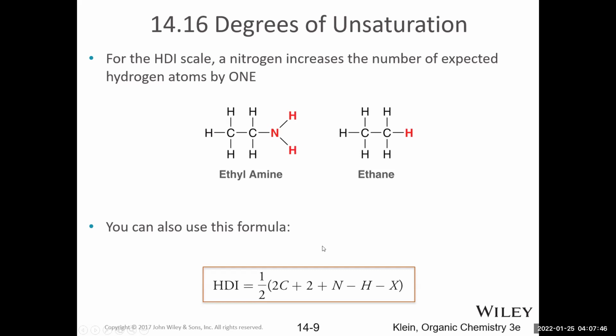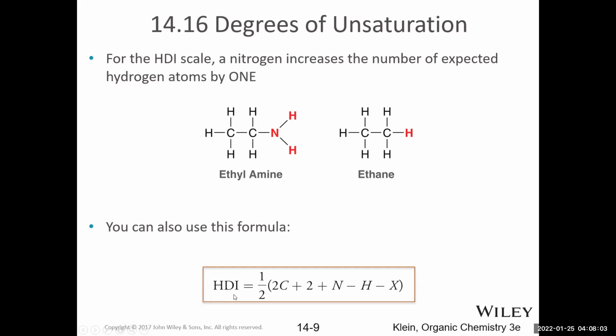So when you think about nitrogens, oxygens, and halogens, which are the common atoms attached to carbon in organic compounds, you'll find all of those in here in the HDI formula except for the oxygen atom. So we can use this formula.